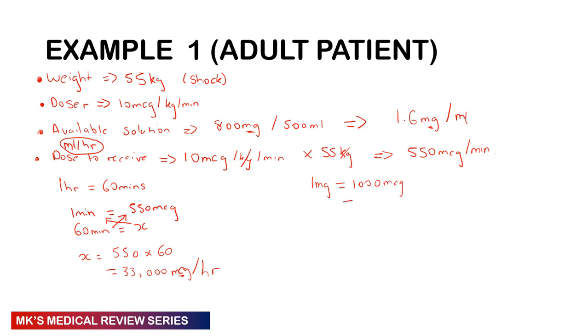So 33,000 micrograms is equal to X. X multiplied by 1,000, 33,000 multiplied by 1, then we divide both sides by 1,000. This is just simple ratios. If you do not understand this, then I am sorry, you really need to revise your math. So 33,000 divided by 1,000.